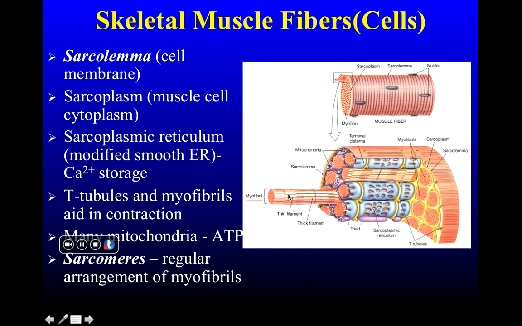This is where we get a shortening of the muscle, where contraction or force is generated. Now you notice that there's a lot of stuff surrounding each myofibril. You have this blue stuff called sarcoplasmic reticulum. That's really important. It's storing calcium, which we'll see later is extremely important in a muscle contraction.